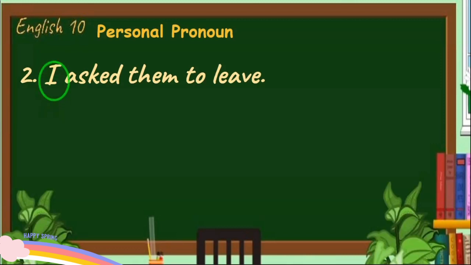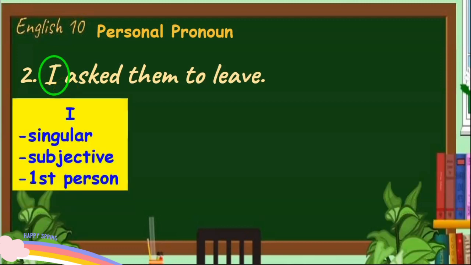So we have the pronoun I is singular in number. The case is in subjective case because it's the topic of your sentence. And then the person, it is considered as a first person. Okay? Next pronoun is them.